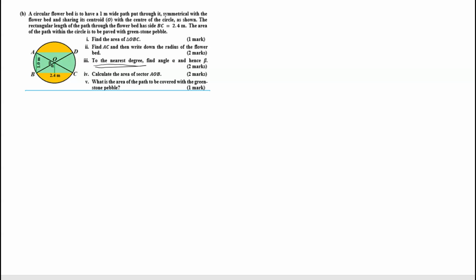So, first up, we need to find the area of the triangle. Now it's a triangle. Oops, O, B, C. So it's the triangle O, B, C. Now with the triangle, the rule is half times the base times the height.